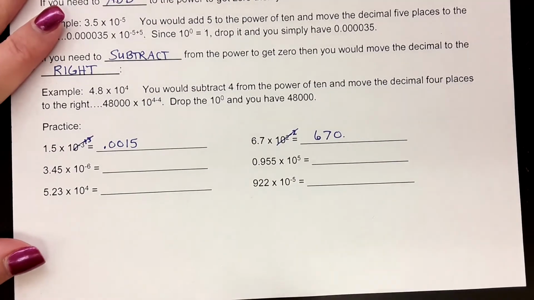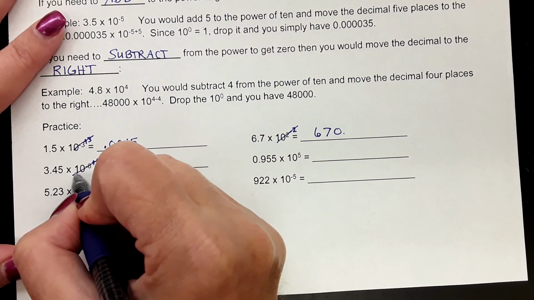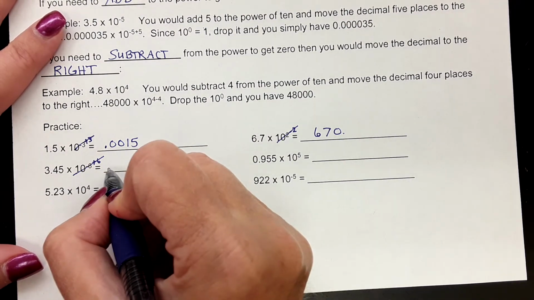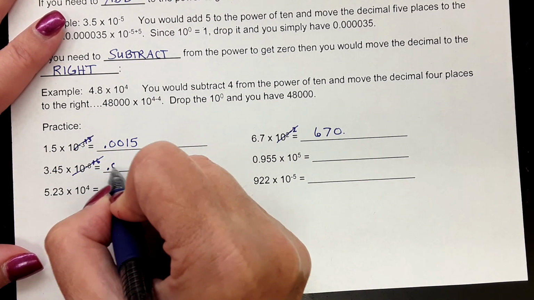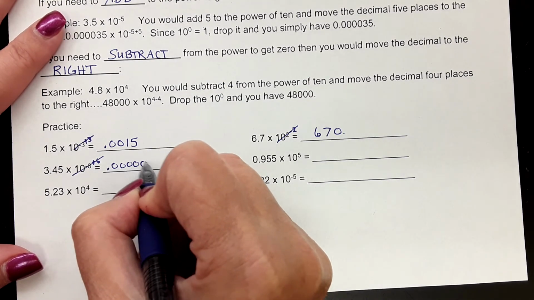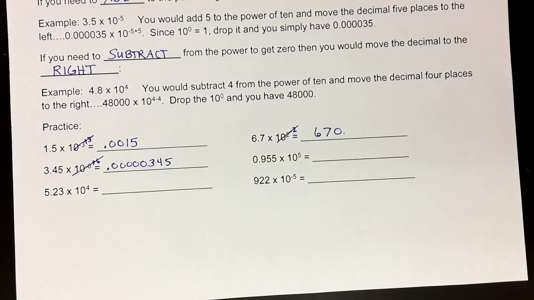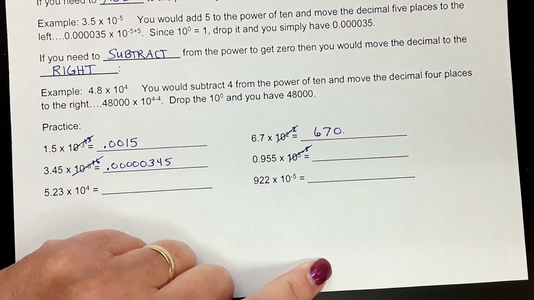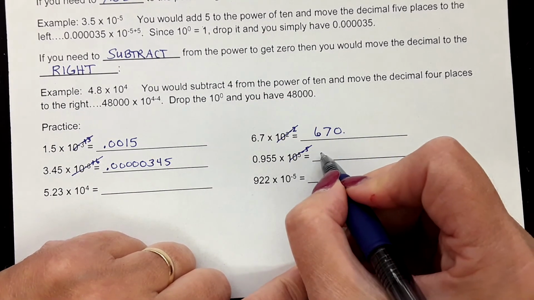Back over here. Negative 6, we would have to add 6. And if we add 6, we're going to move the decimal to the left 6 places. So 1 for the 3 and 5 zeros. So 1, 2, 3, 4, 5, and then the 3, and then the 4, 5. Okay? Over here, we need to subtract 5. But if we subtract 5, we got to move the decimal to the right 5 places.